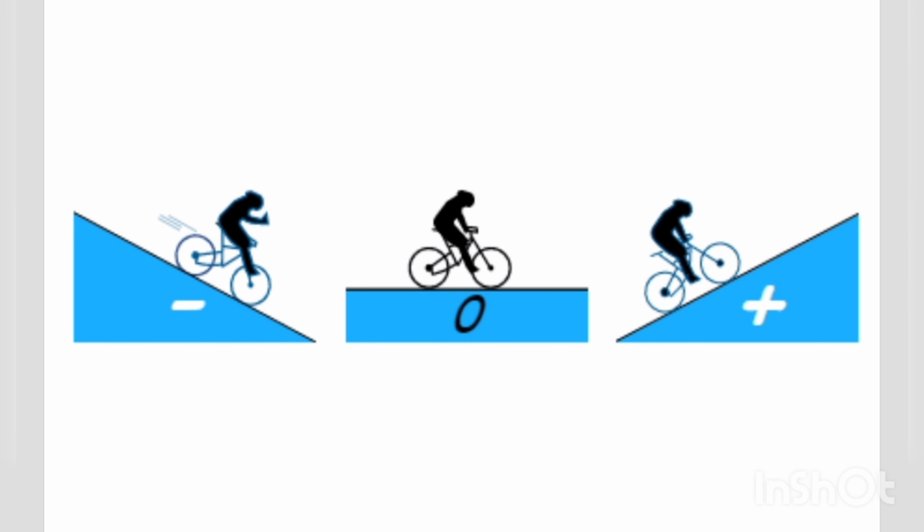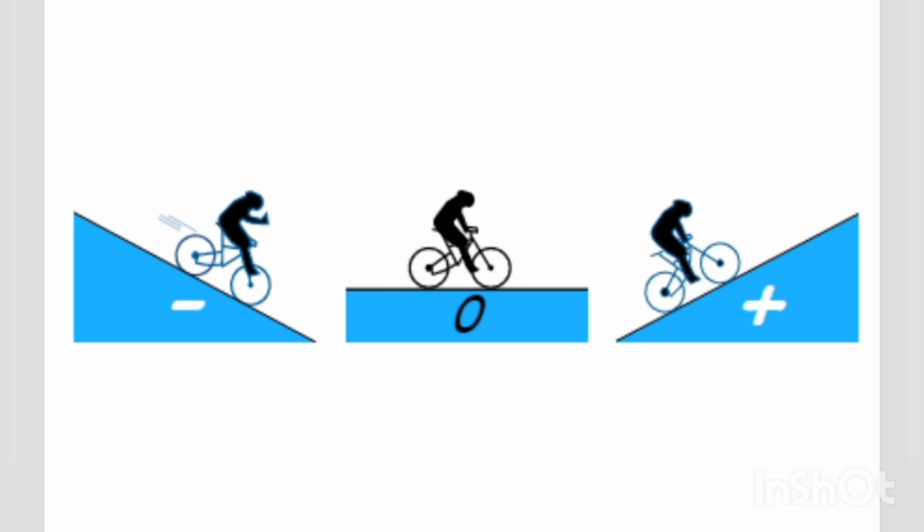But before I explain what exactly we mean by steepness and direction, let's try to understand the concept by looking at a very simple everyday example. Just imagine for a moment that you're cycling along a straight road as shown in the center image on the screen.